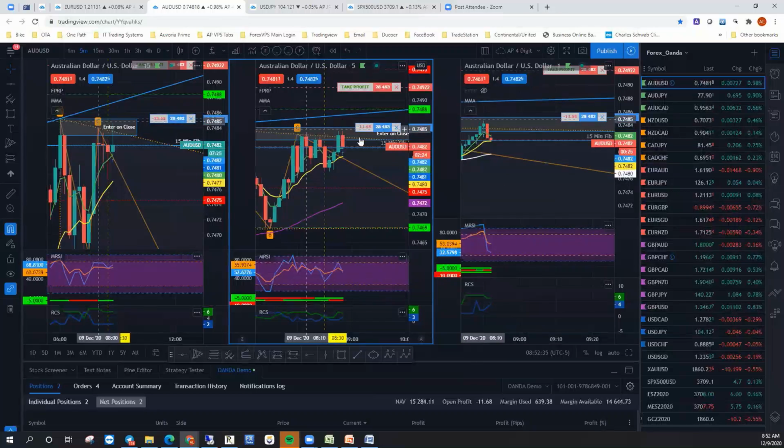Rally base, rally, a little bit of a trend line coming on from the bottom up here. But this was a breakout of the wedge on the 5-minute.